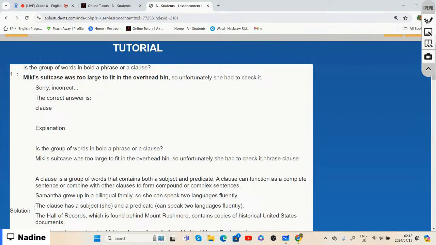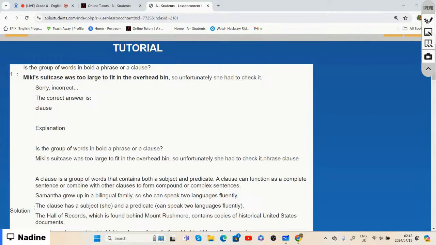All right. So Mickey's suitcase was too large to fit in the overhead bin. So we can say that this is a clause, right? Because remember, we said a clause is a group of words that can stand on its own because it has both a subject as well as a predicate.